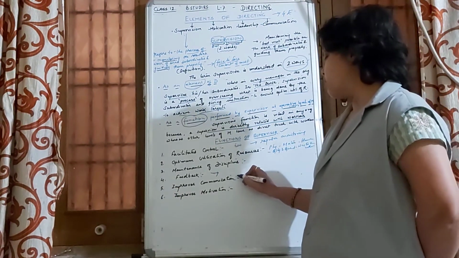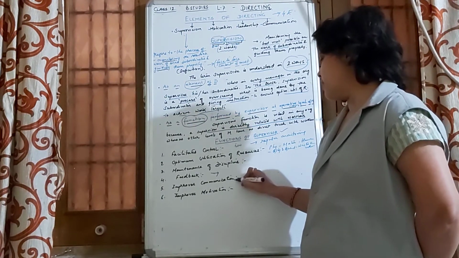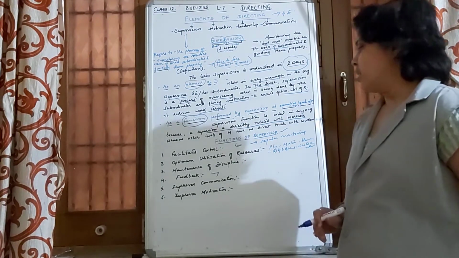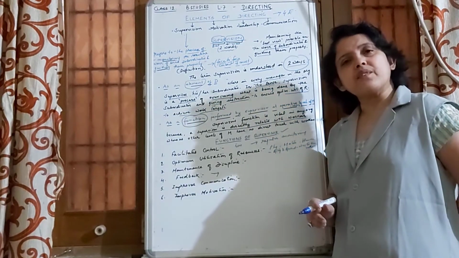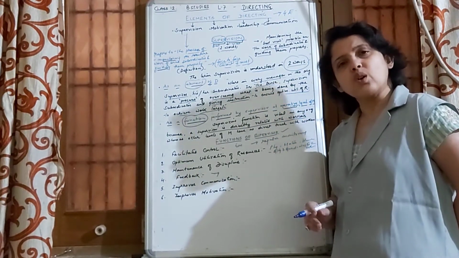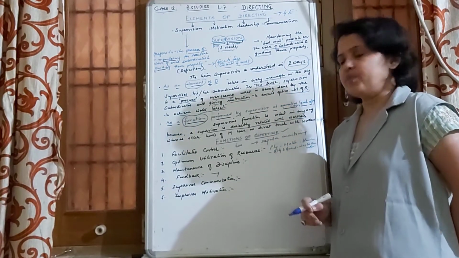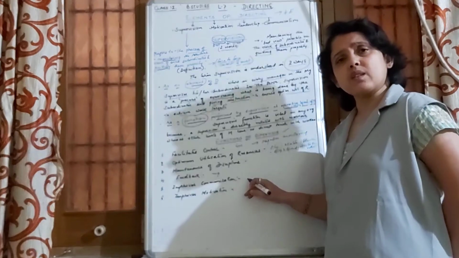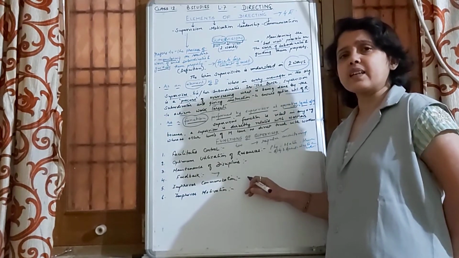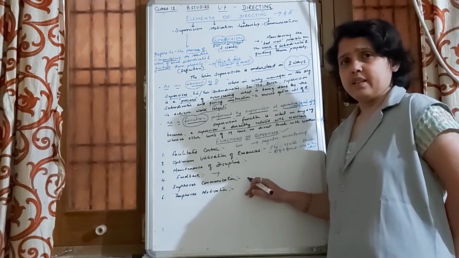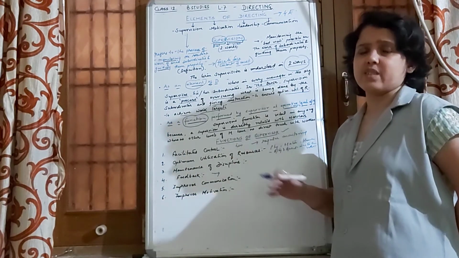Then comes improved communication. Communication should always be effective in the organization. For that, we see that the supervisor always acts as a connecting link between the management and workers.